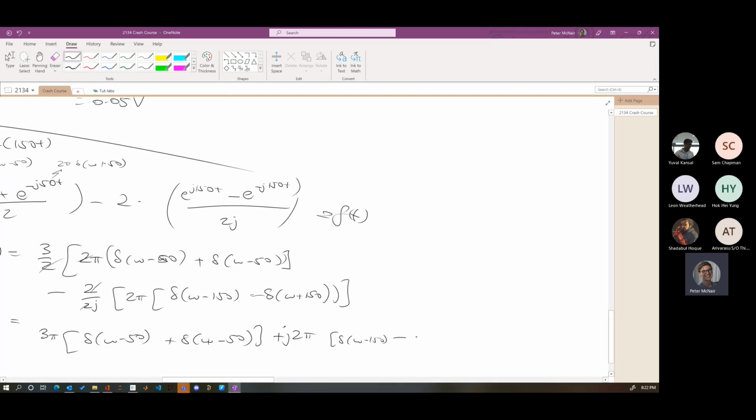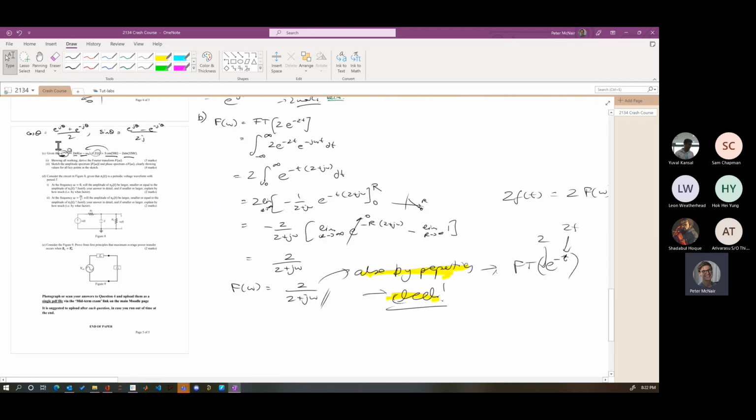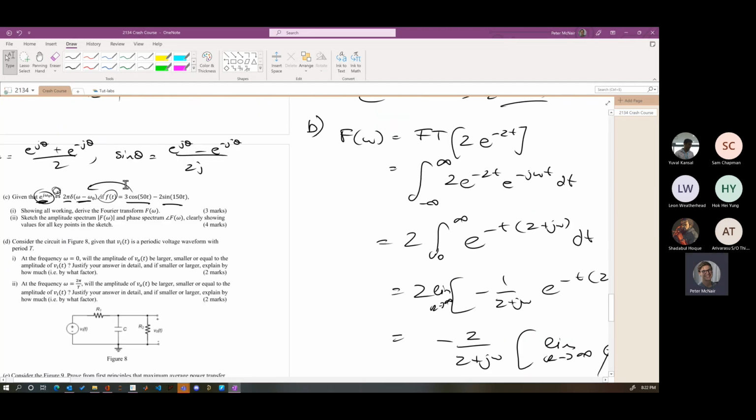And we could have done this just by taking the Fourier transform directly, right? Feel free to prove that. We know by properties that this would be 3 times pi delta omega minus 50 plus pi delta omega plus 50.